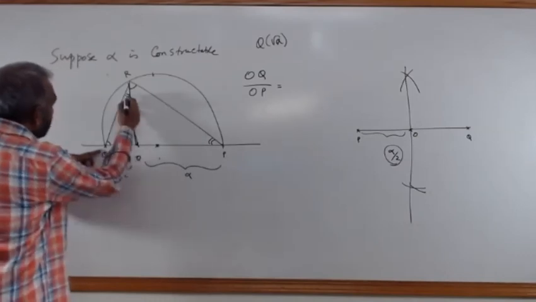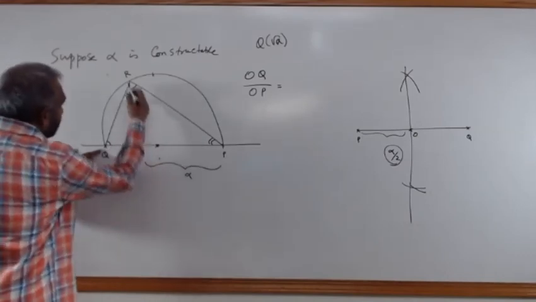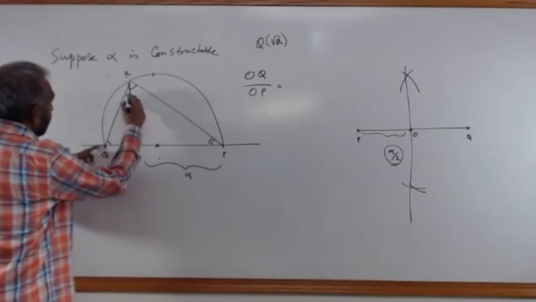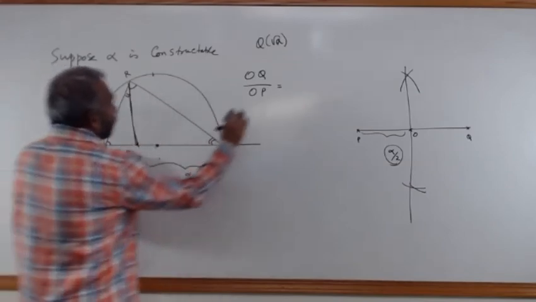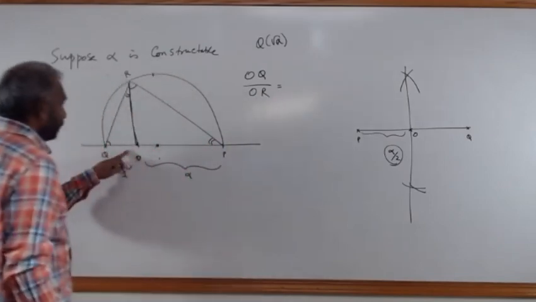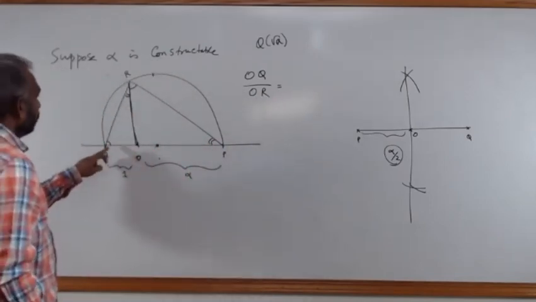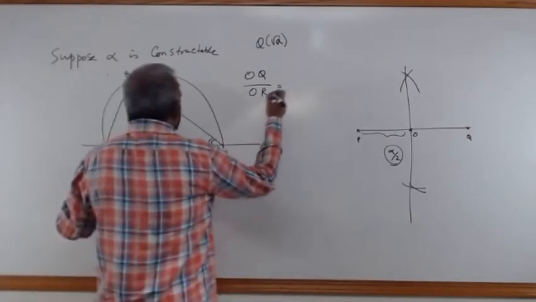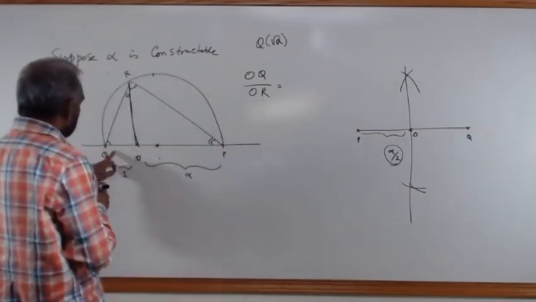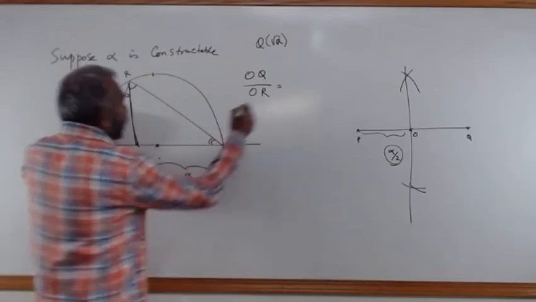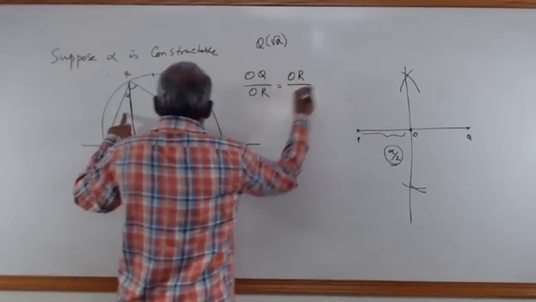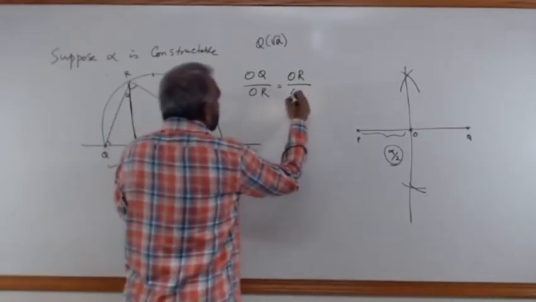OQ is opposite of this angle, so opposite of this angle will be OR. OR by OQ is equal to OQ by OP.